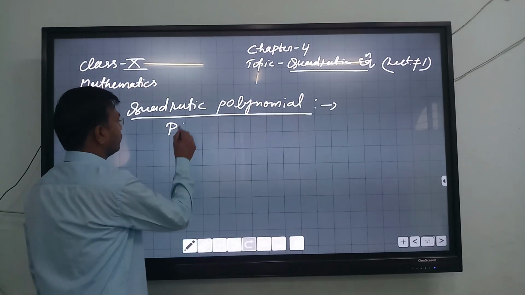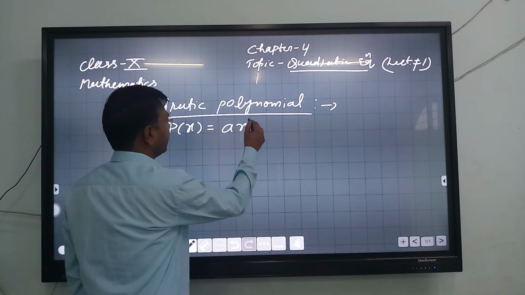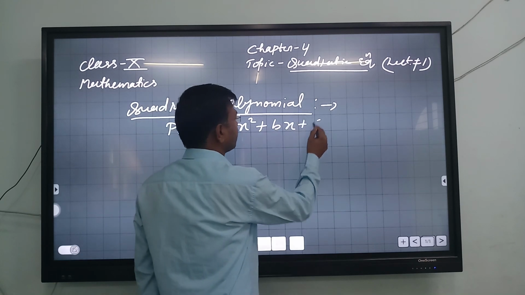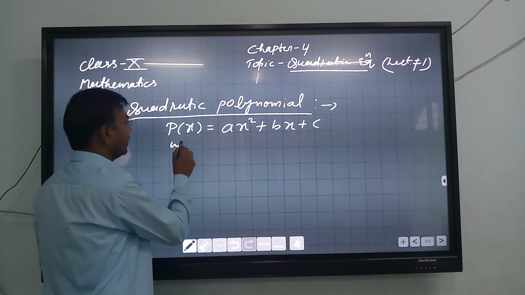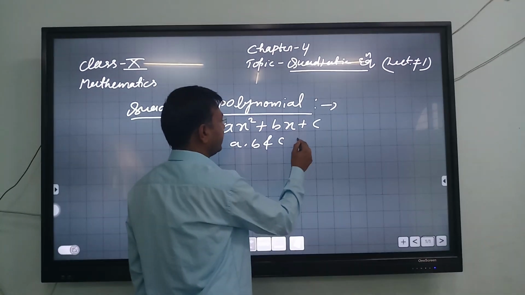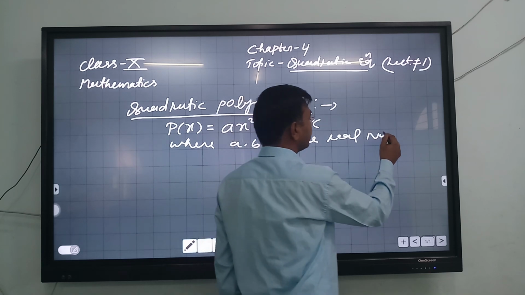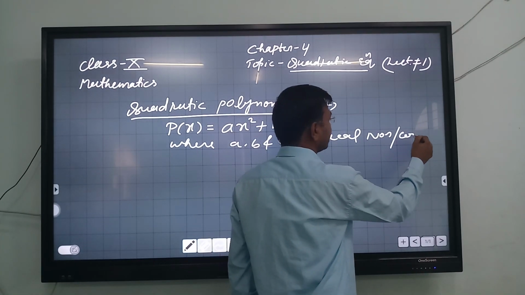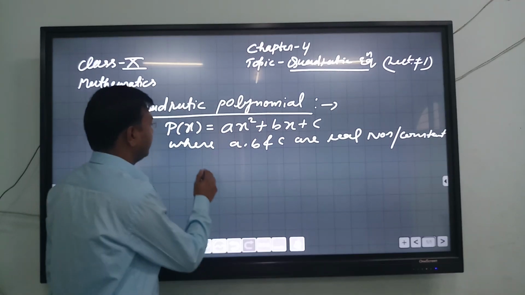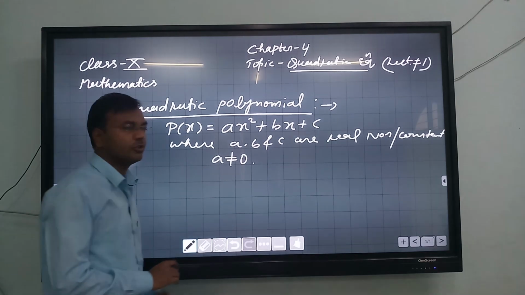So recall, the quadratic polynomial is denoted by p(x) equals ax square plus bx plus c, where a, b and c are real numbers, or you may say constants, with the restriction that a is not equal to 0.